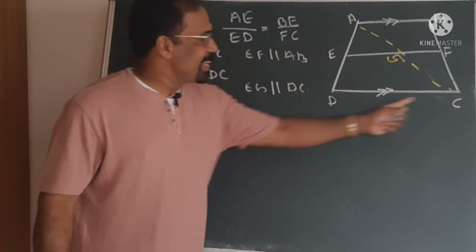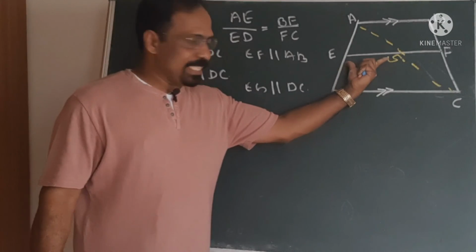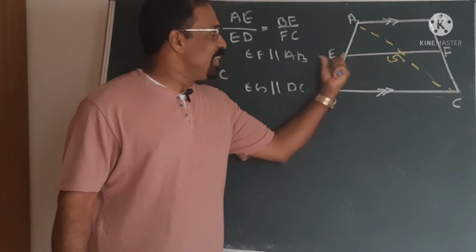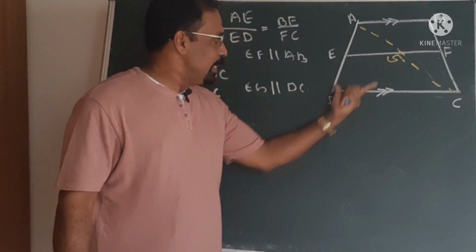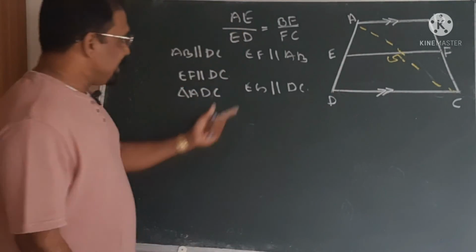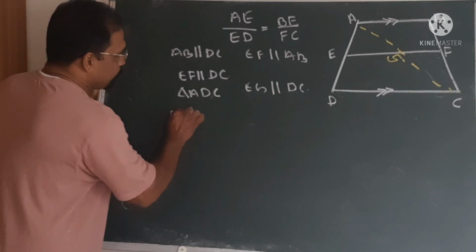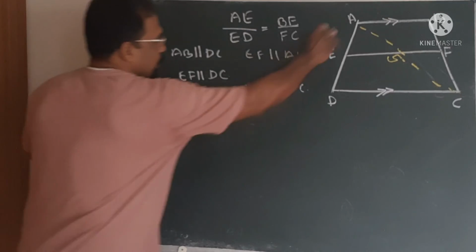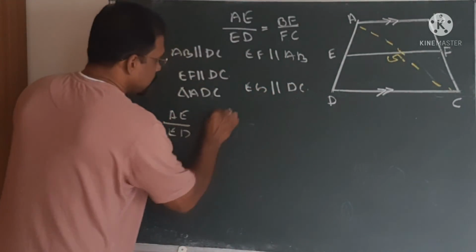Now consider triangle ADC. Now in ADC, EG, that is part of EF, is parallel to DC. Therefore we can say that AE by ED, that is this by this, is equal to AG by GC.